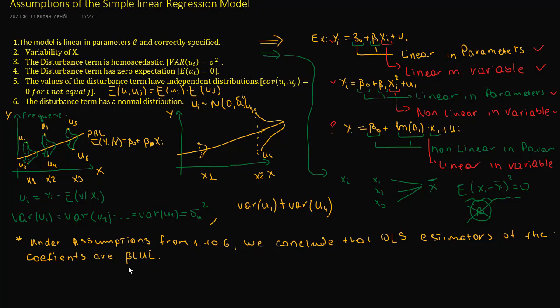B here refers to best. L refers to linear in parameters.